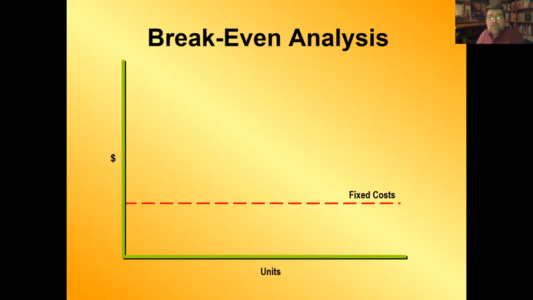Then we lay on top of those fixed costs variable costs. These are directly connected to the production of the product that you're going to sell. Let's say, as an example, we're in the shoe business, so we're going to manufacture shoes.